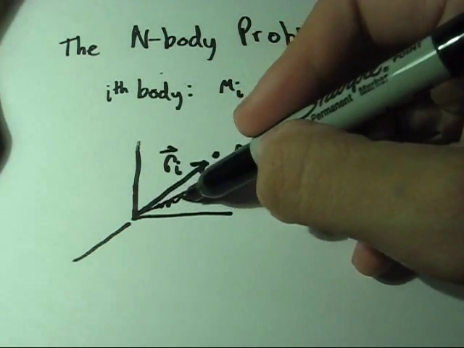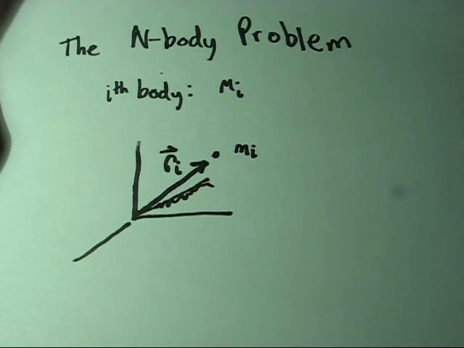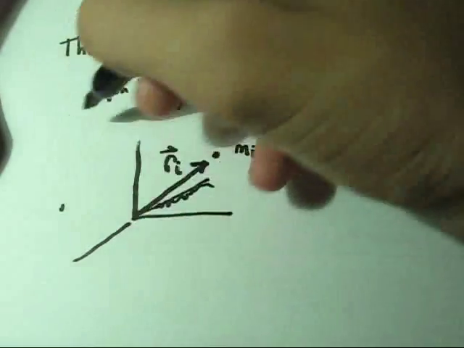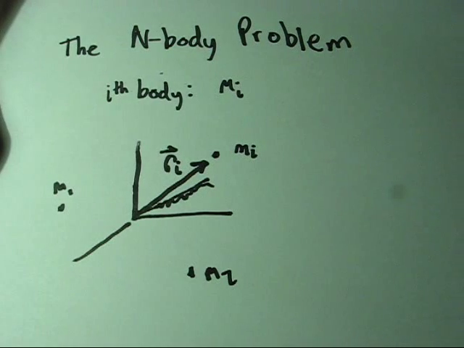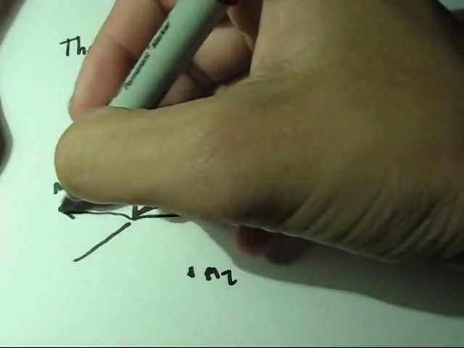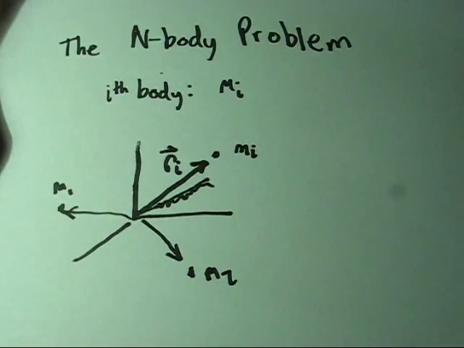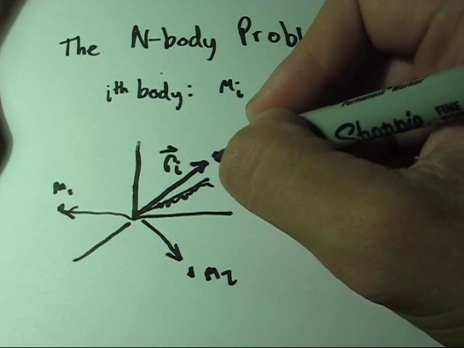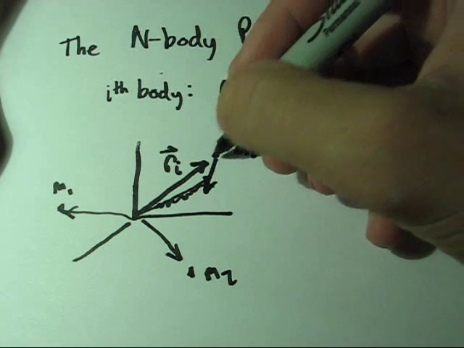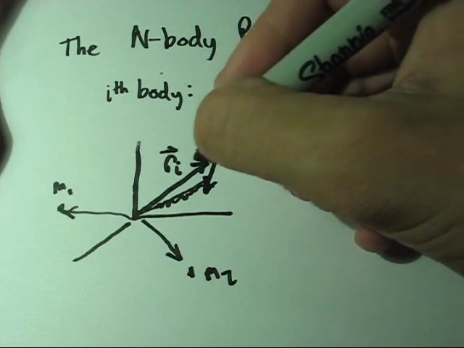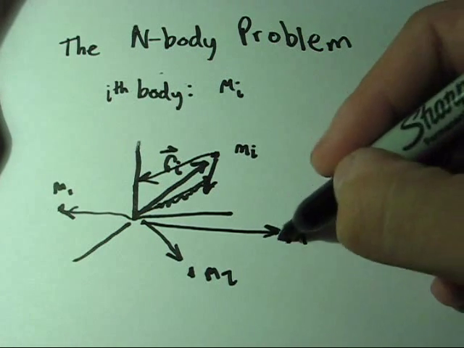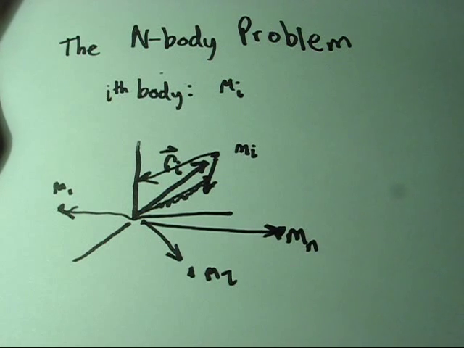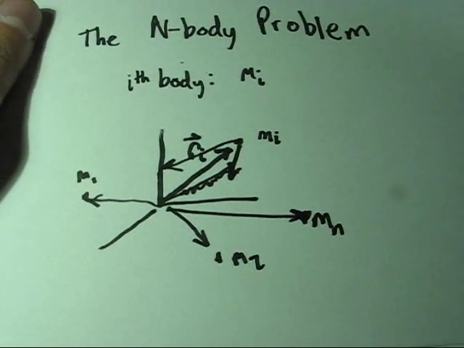And then you've got other bodies out here, M1, M2, let's just do 2 for now. Don't want it to be too complicated. So you've got vectors pointing to those. And so you've got force of gravity pointing from mi to each of these. Okay, maybe there's another one, Mn. There could be any number of them. Okay? So, remember that picture.